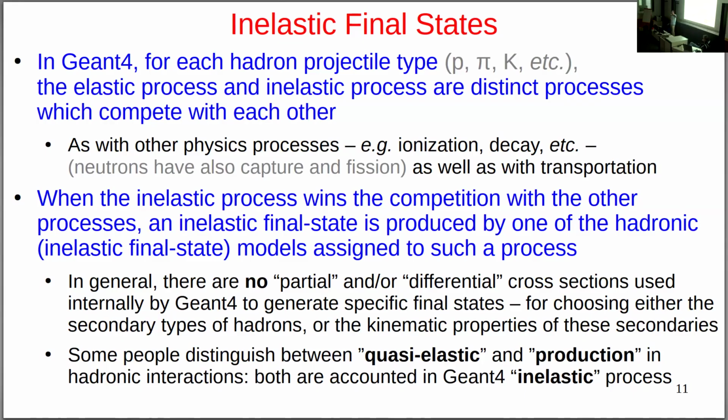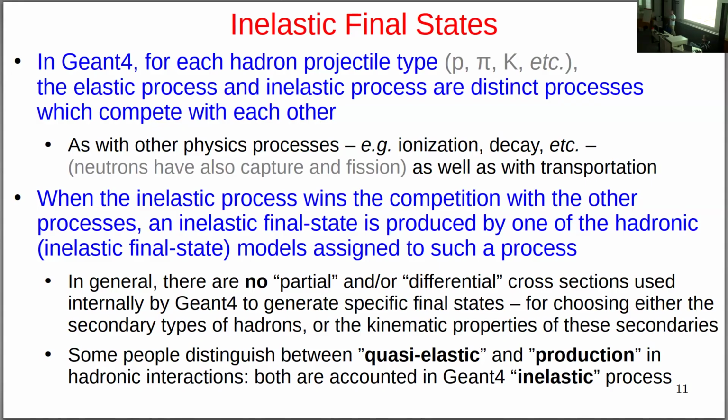Suppose that we have this competition at each step, and we select an inelastic process. We use the cross-section for this competition between different processes. Once we know that the inelastic process wins, we don't use the cross-section anymore. We use the final state model to select which final state is produced, okay?